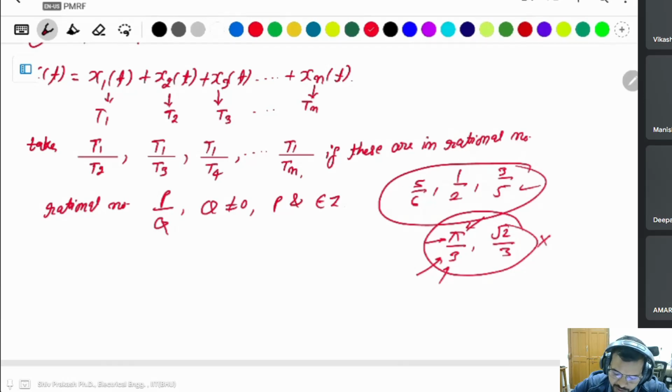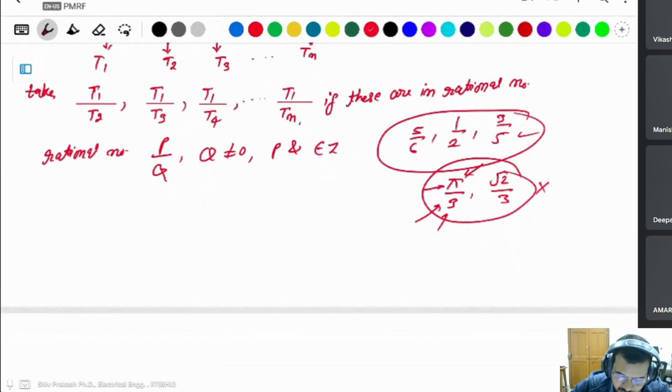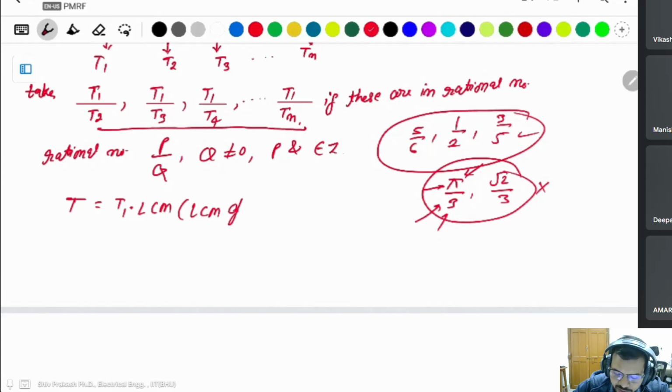Then if we find T1 by T2 and this ratio is in rational form, then you can say the period of this signal is T1 into the LCM. LCM means the LCM of the denominators, because in the numerators all are the same function and only the denominators are different, so take the LCM of the denominators.